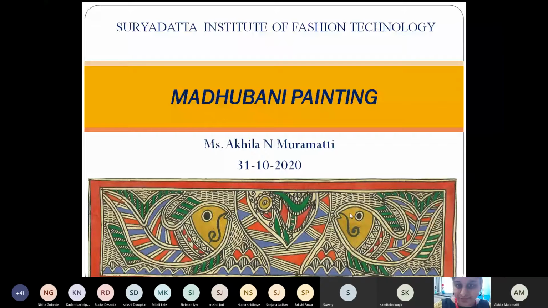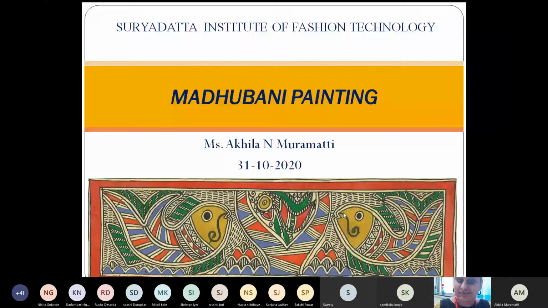What is the significance of Madhubani painting? What is the color medium which is used? So this is all about.